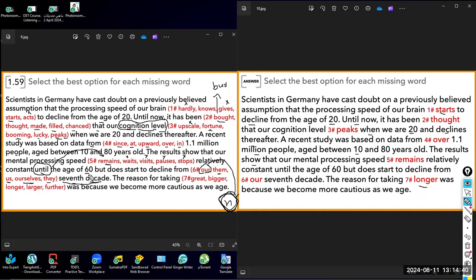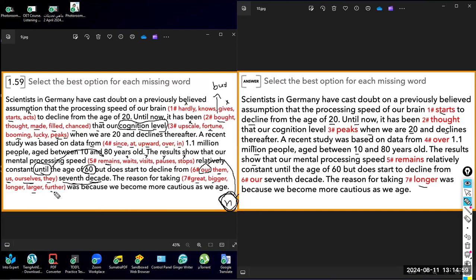So this reason for taking longer. Because, guys, notice here that I'm talking about time. So a long period of time. And because I'm talking about a long period of time, I cannot say a great or bigger time, for example, or larger time. I'm not talking about things. I'm talking about things that I cannot see.